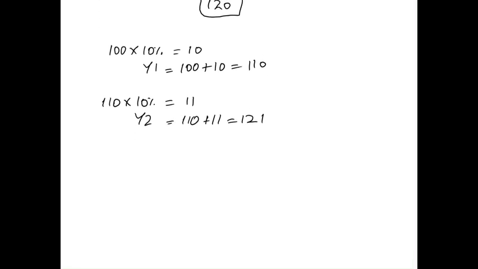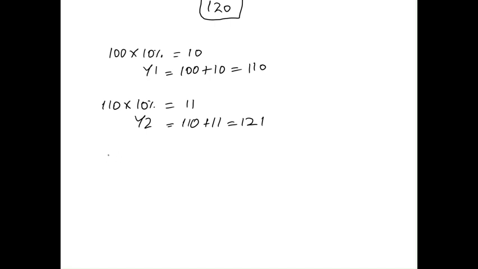We also have a time value of money formula, which goes like this. Future value, which is FV, is equal to present value times (1 plus i over n) to the power of n times t, where i is the interest rate, n is the number of compounding periods per year, and t is the number of years.